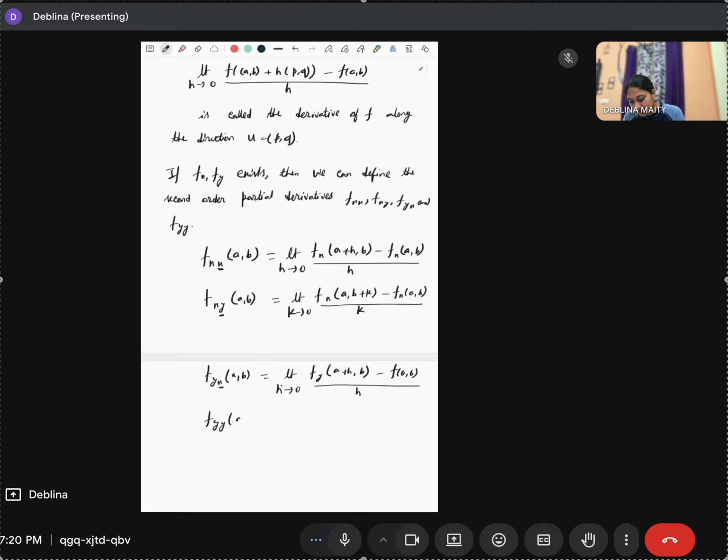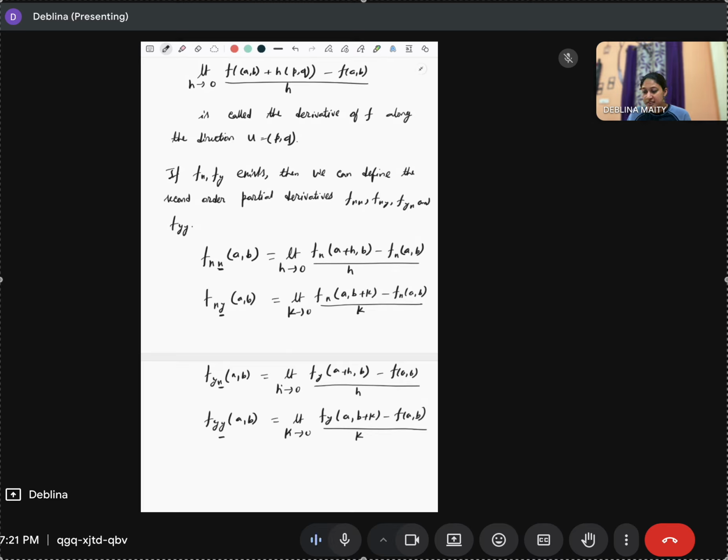And similarly the last one, fyy, is limit k goes to 0, fy of a, b plus k, minus fy of AB, by k, right?